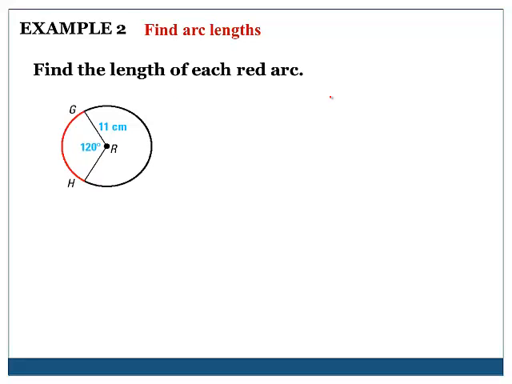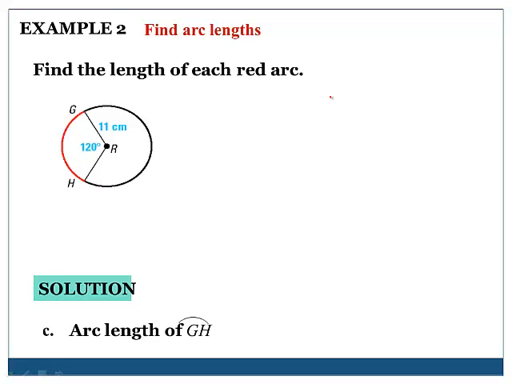Okay, same deal here, just to kind of make sure you got the concept. So go ahead and work this out in your notes. Pause the video and see if you get it right. So if you worked it out, your arc length of GH, again, is 120 degrees, which is your central angle, divided by 360, times the circumference, 2 pi times 11, should be 11.